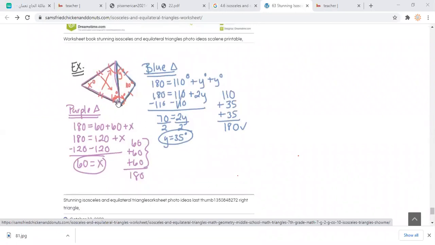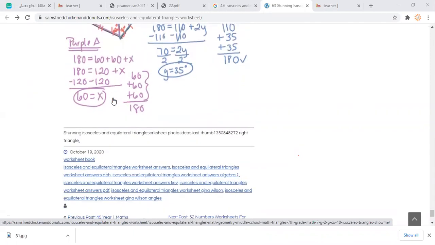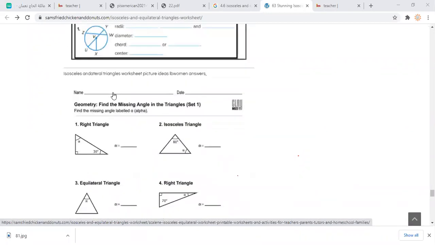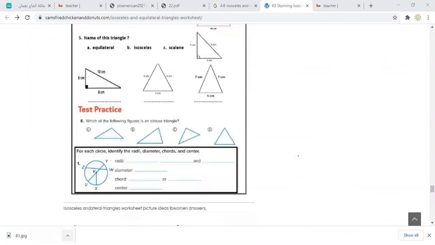Here in this question, did you see this sign? And this sign? They are equal in measure, which means the base angles should be equal in measure, right? Yes. And once the base angles are equal in measure, the two sides are equal in length.